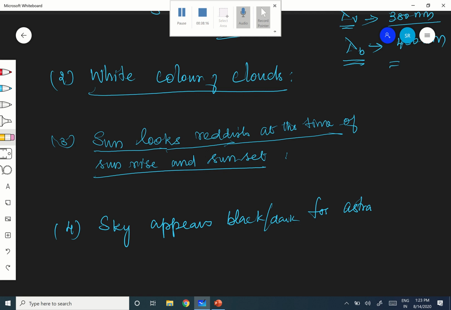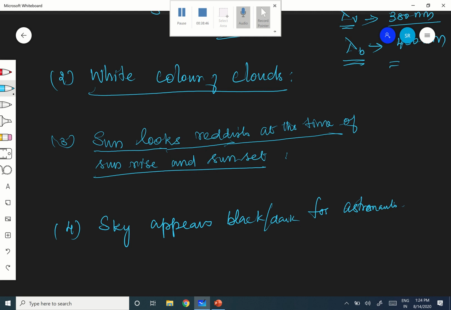The reason is space has no atmosphere. Astronauts are in space, so space has no atmosphere. So light rays from the sun are not scattered at all. There is no atmosphere, so no scatterer.